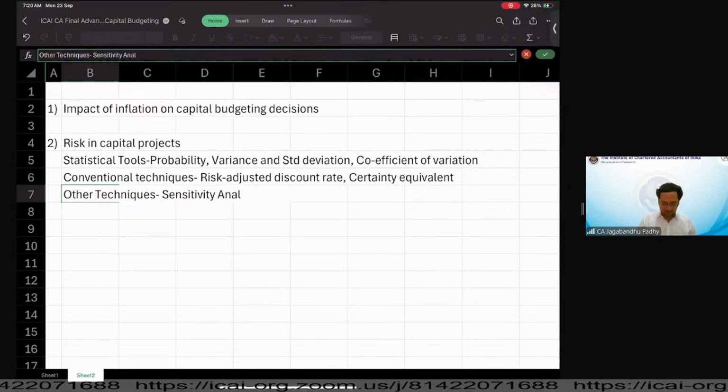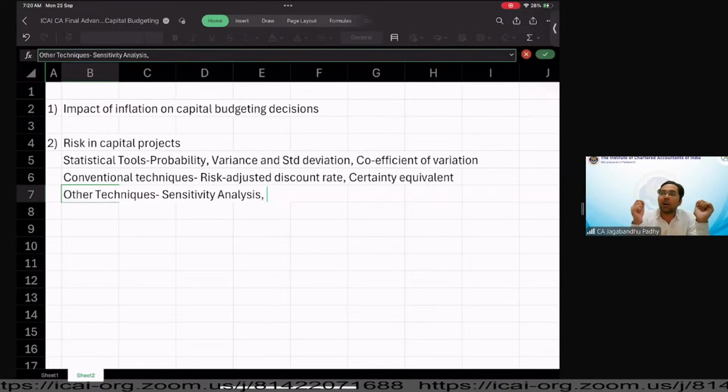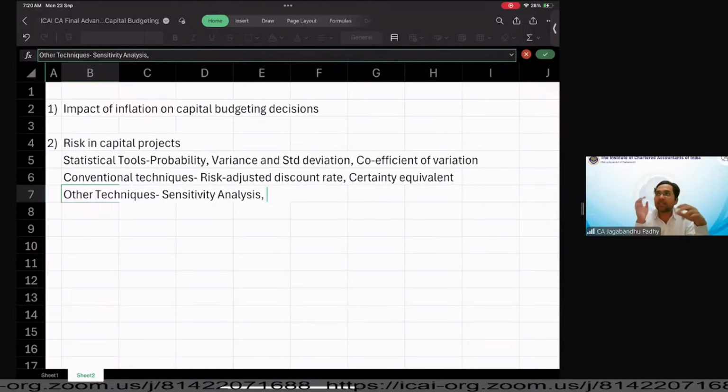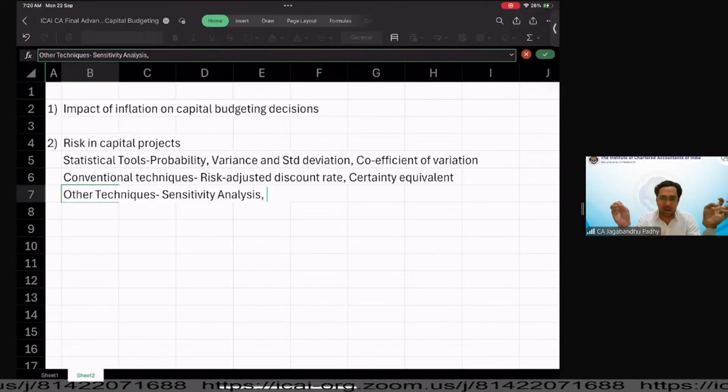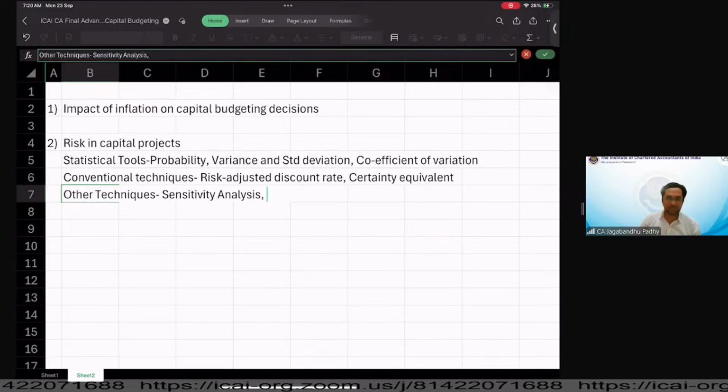Any project depends on multiple factors, like the initial cost of the project, the tenure of the project, the number of units that you're going to sell, tax rate, price of each unit, variable cost of each unit, fixed cost. So multiple variables are used to arrive at the NPV or the IRR of a project.